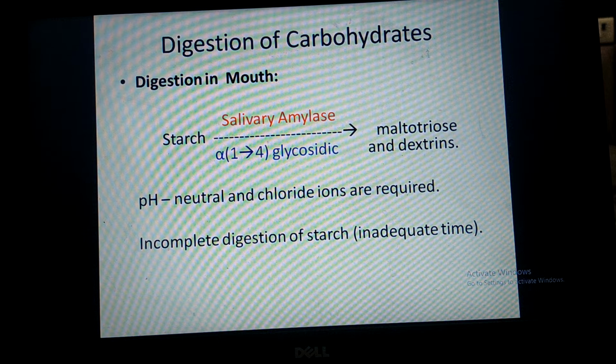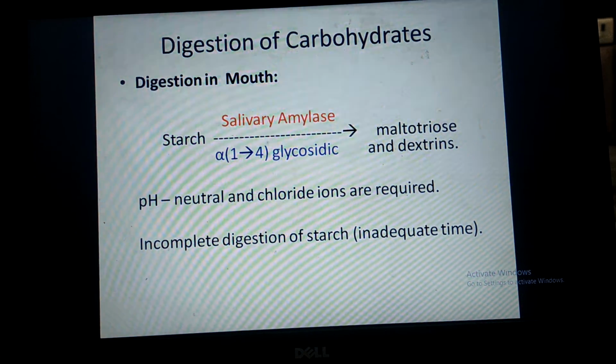The digestion of starch by salivary amylase in mouth is incomplete because the time available for the digestion in mouth is very less. Hence, incomplete digestion of starch takes place with the help of salivary amylase.